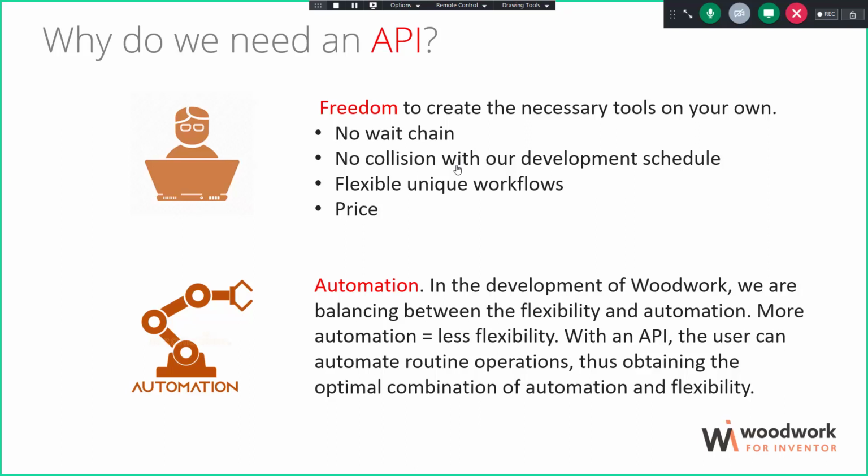The same goes here. The API gives you the possibility to automate some routine operations in your certain way. In such a way, you get flexibility and automation, and you don't get the case that we discussed, where there are negative aspects of the hierarchy.